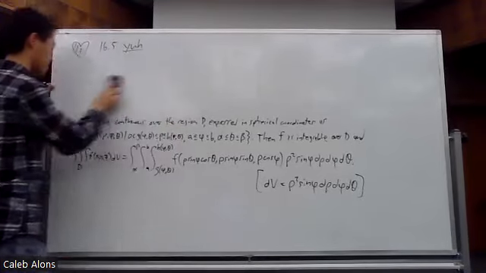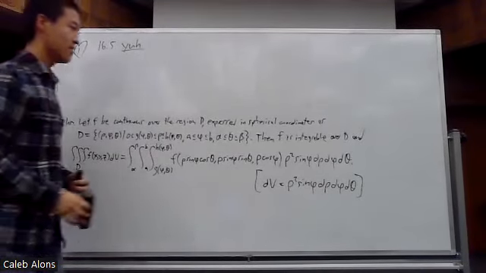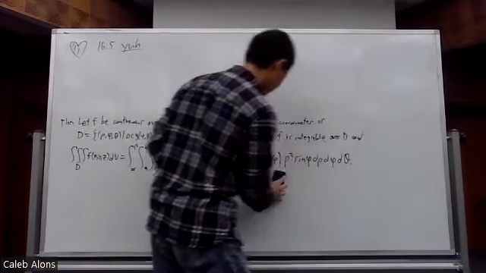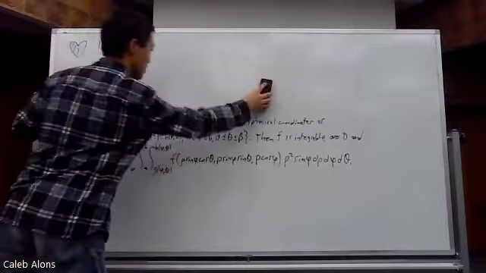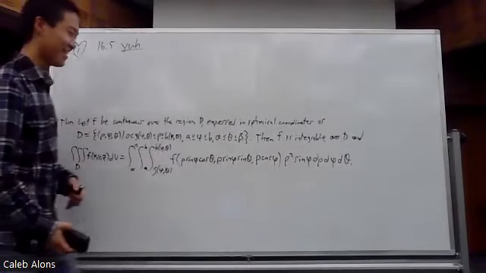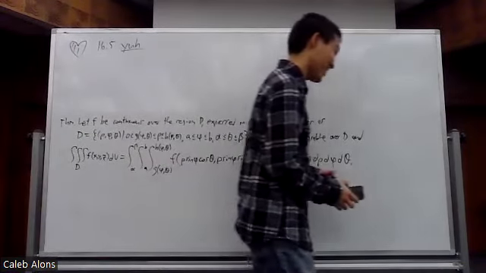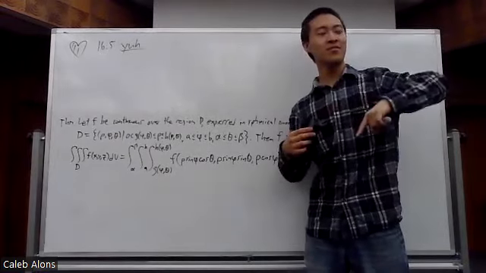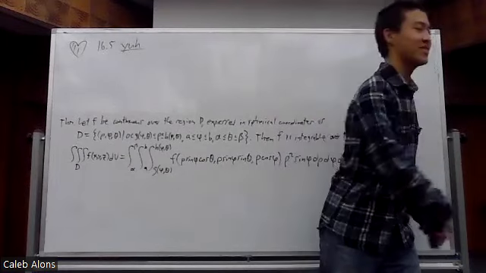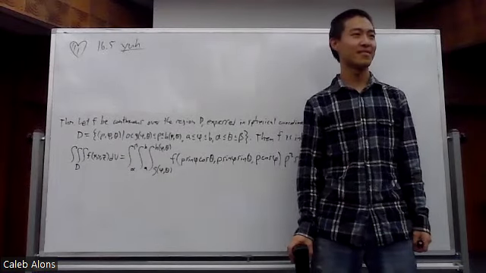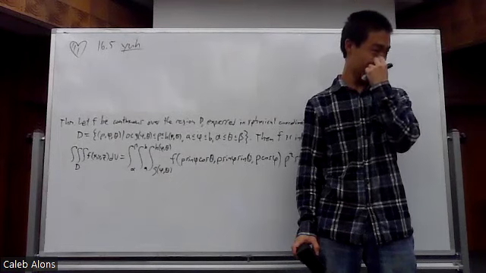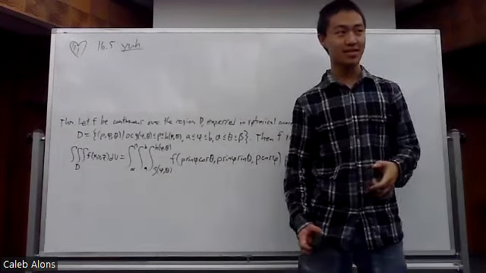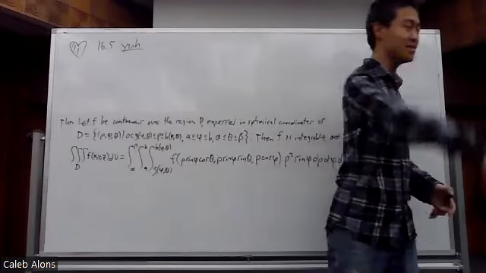Rho squared sine phi d rho d phi d theta. Good. Now do it with an Australian accent. No. Spherical coordinates dV.